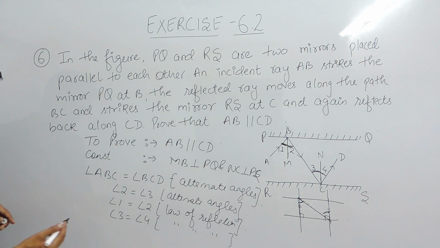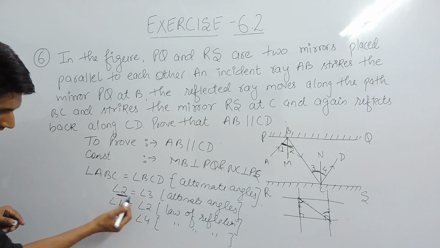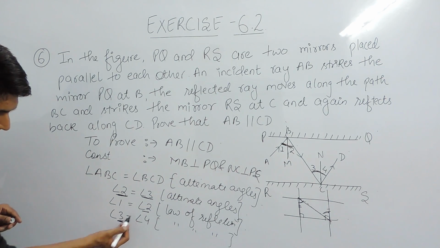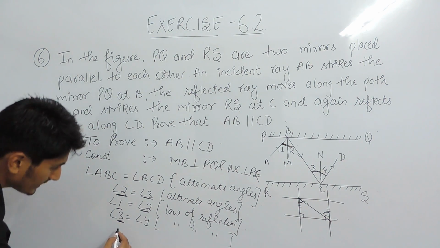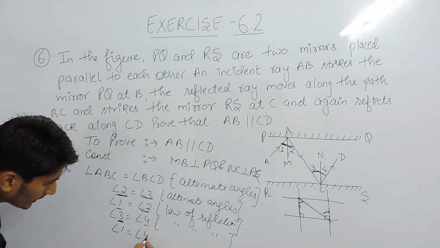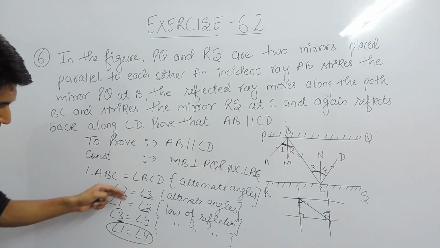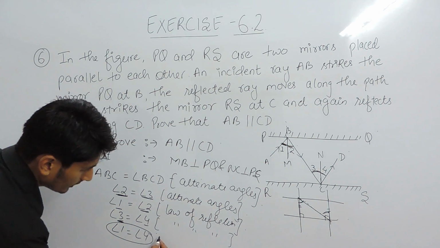By this, we know that angle 2 is equal to angle 3, angle 2 is equal to angle 1, and angle 3 is equal to angle 4. So obviously angle 1 must also be equal to angle 4. So angle 2 is equal to 3 and 1 is equal to 4.